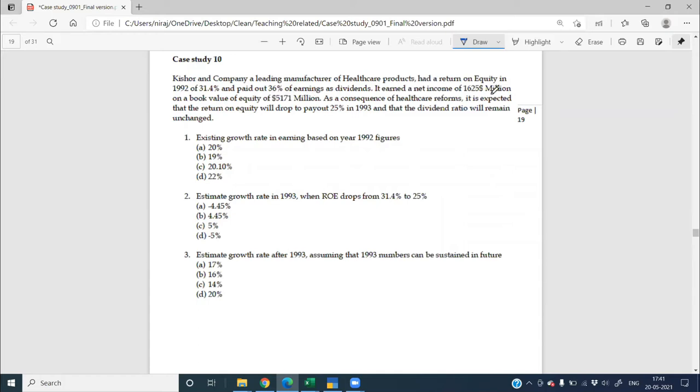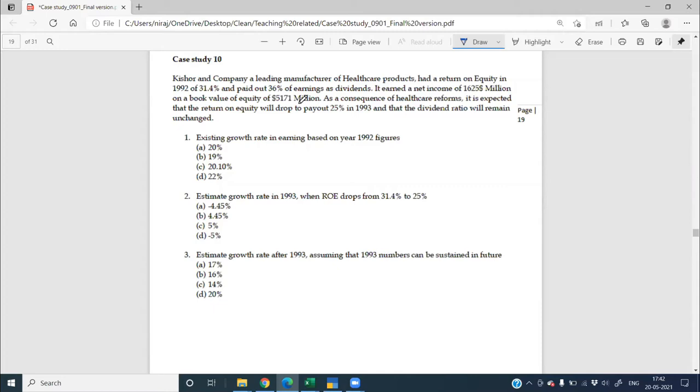It earned a net income of 1625 million on a book value of 5171. That means the opening capital given is 5171, net income is 1625. That is the information that has been given. As a consequence of healthcare reform, it is expected that return on equity will drop to 25% in 1993, and that the dividend payout ratio will remain the same.